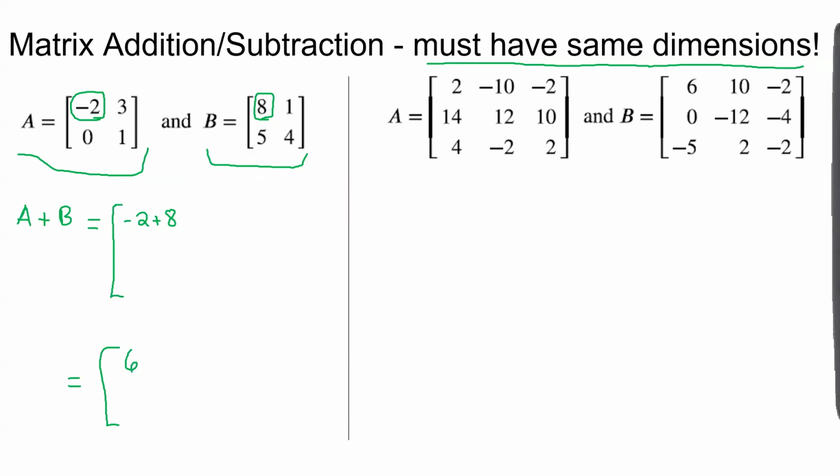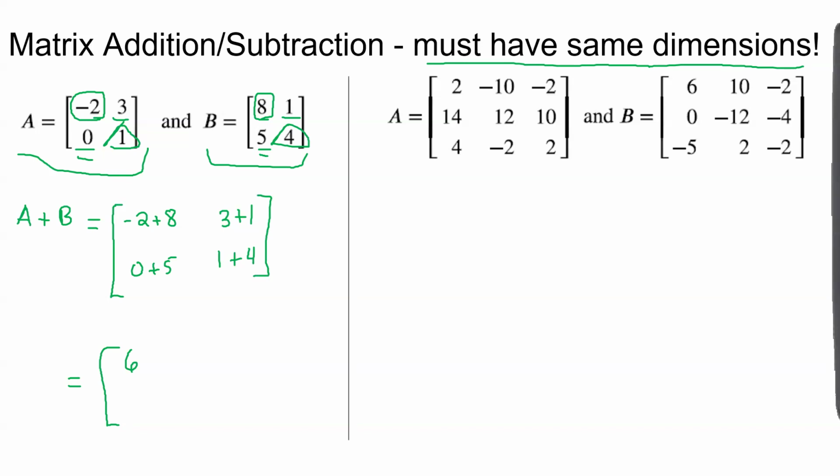Next up, I'm going to take the first row, second column, add that to the first row, second column here. 3 plus 1. I'll have a 0 plus 5 when I do this guy plus this guy. And then lastly, I've got that 1 plus 4. And so we're just adding whatever's in each box.